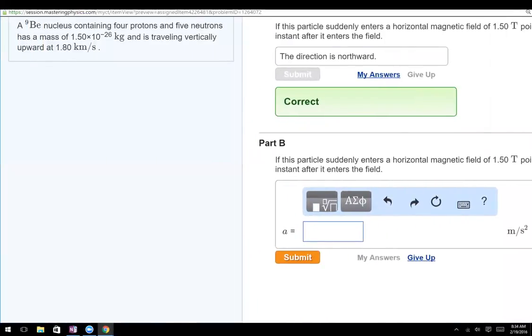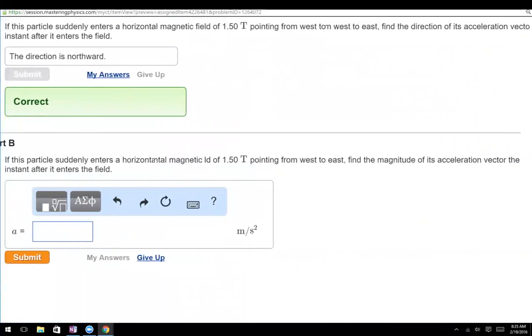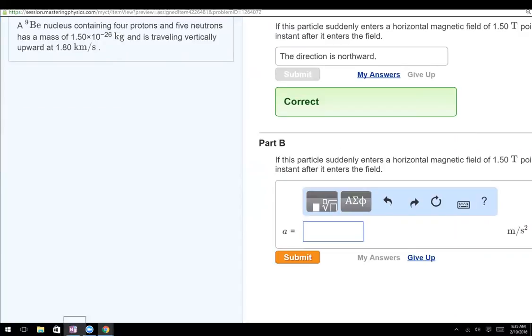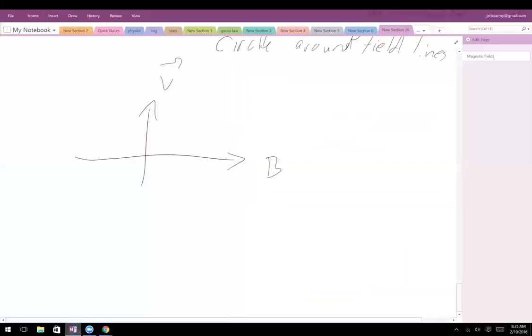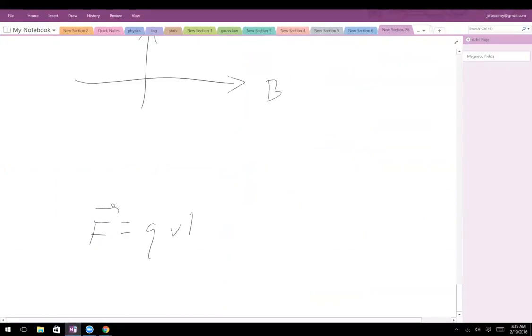Now for the magnitude, the magnitude of the force is qvB sine theta, but we're going perpendicular, so sine theta is 1. So it's just qvB. So we're looking for the magnitude of the acceleration. So the force is qvB, which is 4 times the proton charge, 1.6 times 10 to the minus 19th, times v.